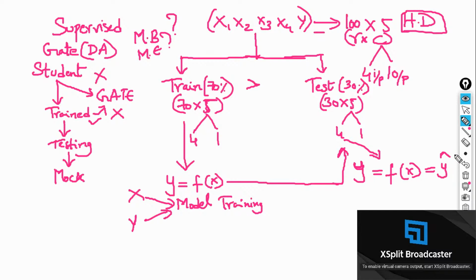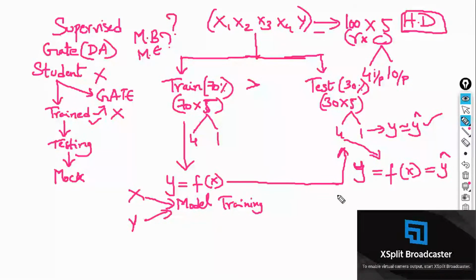I am representing predictions with cap, friends. If I pass only inputs, I will get predictions. And I also have y. Now I'll compare this y with y cap, nothing but predictions. If I get similar values, whatever I have in the original y, my actual value, and my predicted value, if both are similar or close, in that case the model is performing well.